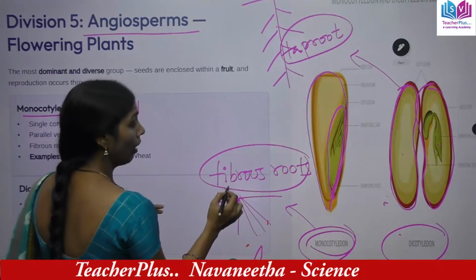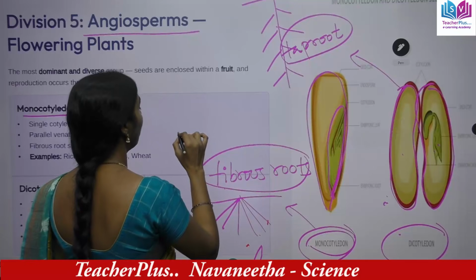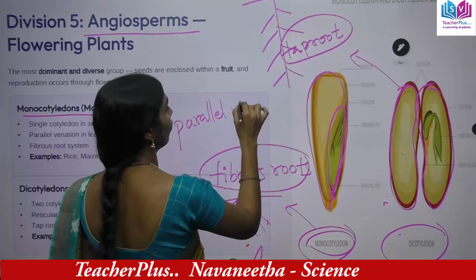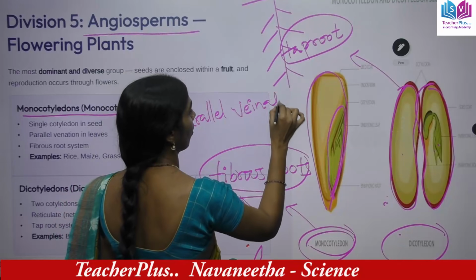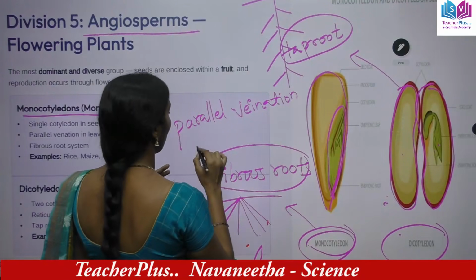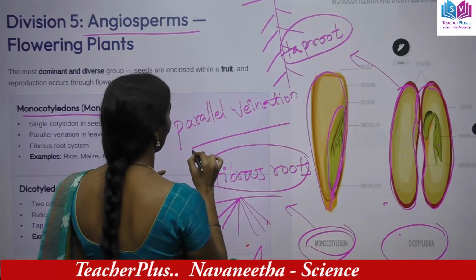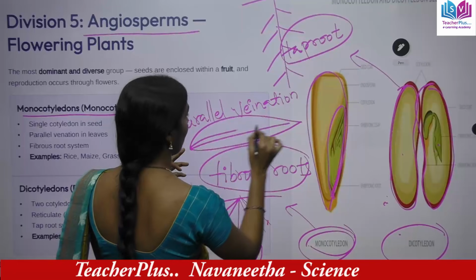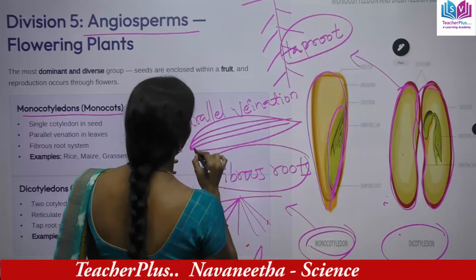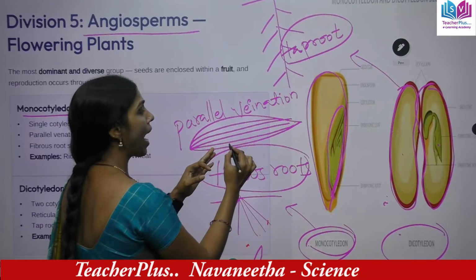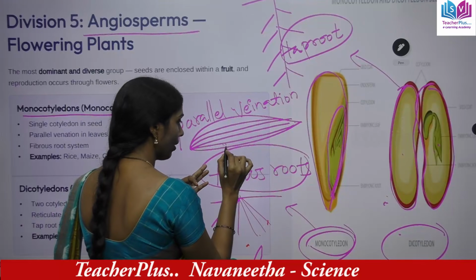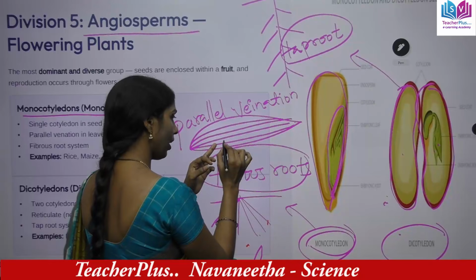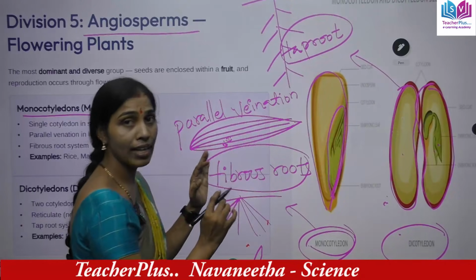And one more thing, monocotyledon plants have parallel venation. Parallel venation means, see, this is a leaf, and these are the veins. These are parallel, meaning from one vein to another vein there is a distance, and from here to here the distance is the same.